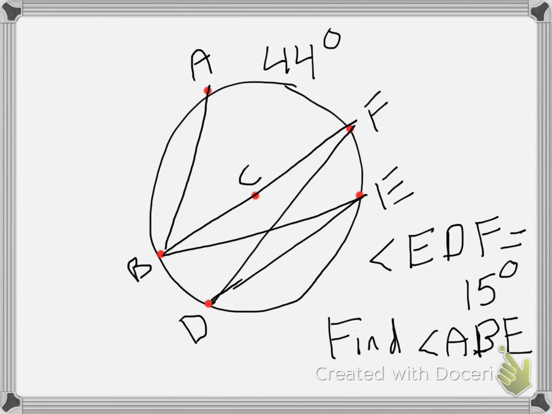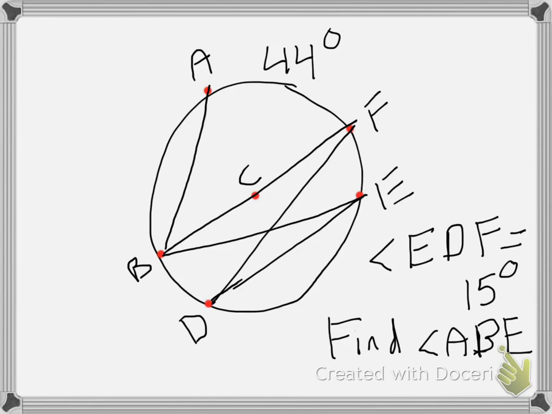Okay, so to wrap this up, it's not really too much longer than yesterday's, but this might take you a little bit of time to answer this question. I have given you a circle with 6 points. C is the center of the circle. You have minor arc AF, which is 44 degrees, that is not cut by a central angle, it is cut by an inscribed angle, ABF.